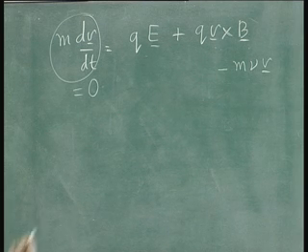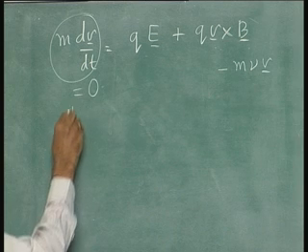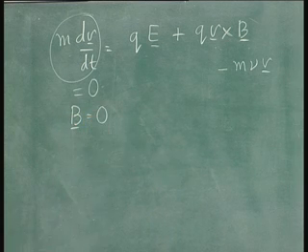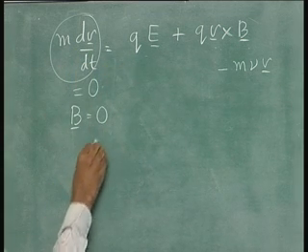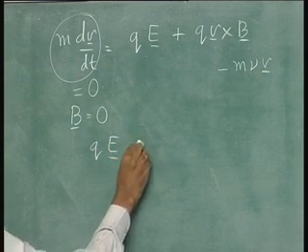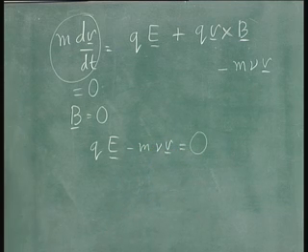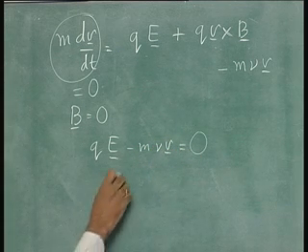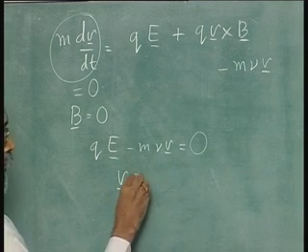Let us look at some simple solutions then. Supposing I say B is 0. We have already done this problem. What does it give us? It gives us QE minus m nu v is equal to 0, or taking m nu v to the other side, I can solve for v.